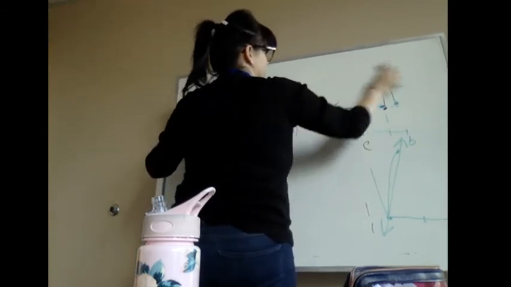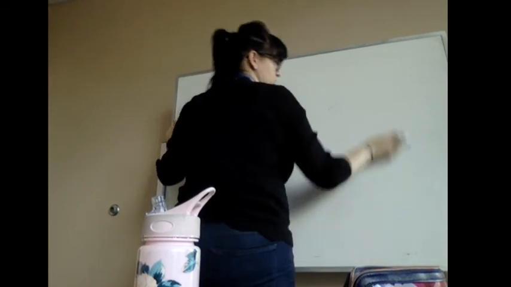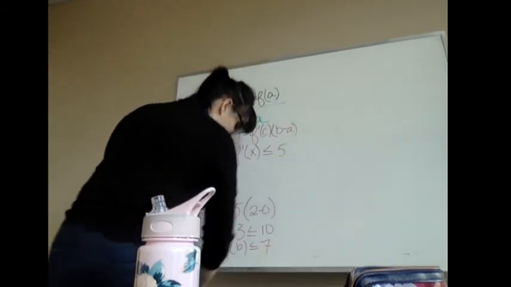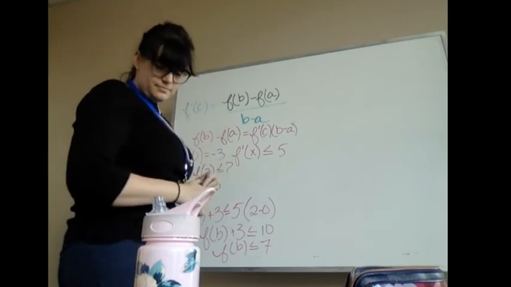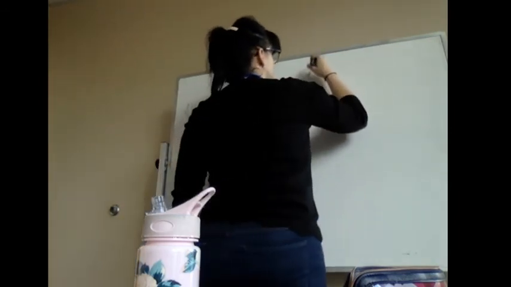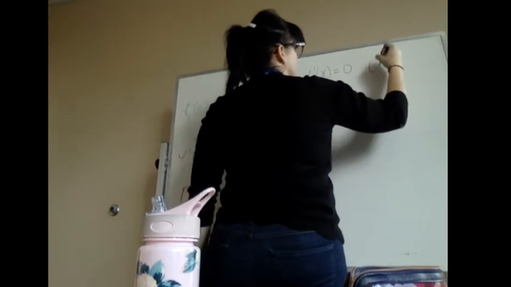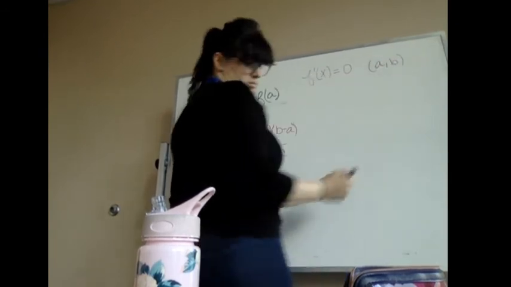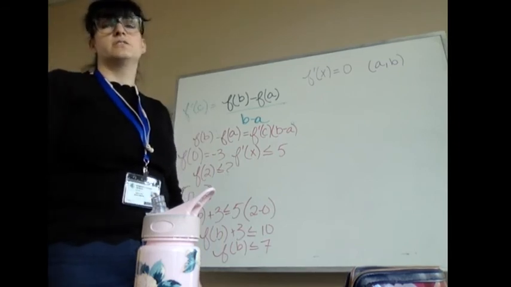So there's two other little corollaries they mention. I don't remember if you need to use them in the homework or not, so I'm just going to go over them anyway, but they're pretty straightforward once again. If f prime of x equals 0 for all x in the interval, then that means f is a constant function.